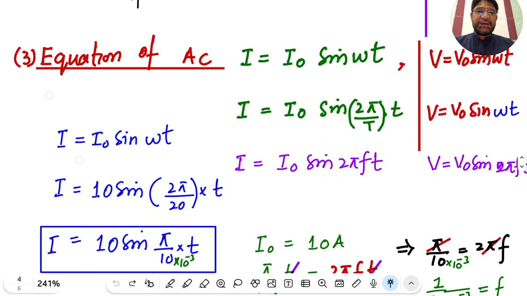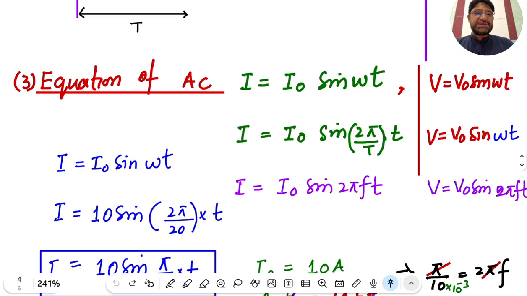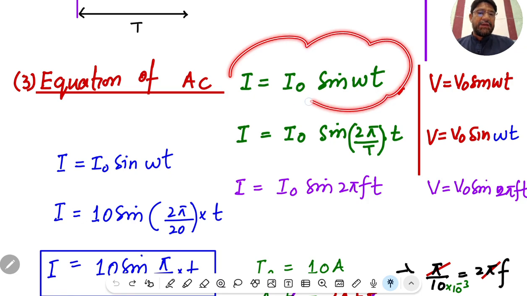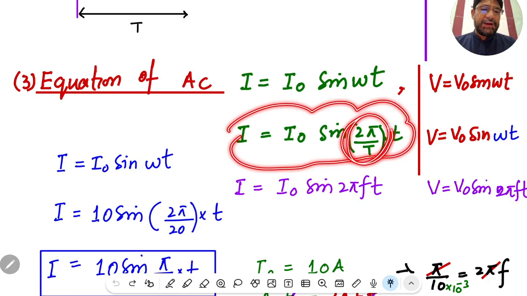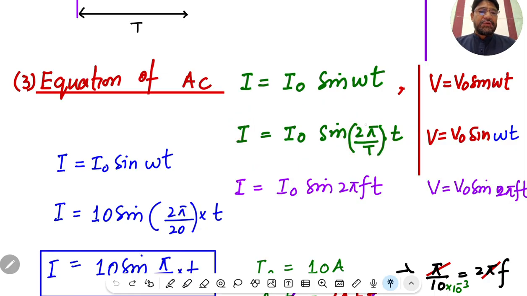That is why I have stated an equation for you: the current is represented by a sinusoidal or sine equation. I is equal to I naught sine omega t, or I is equal to I naught sine 2 pi by T into t, because 2 pi by capital T is omega, or you can say I is equal to I naught sine 2 pi ft.